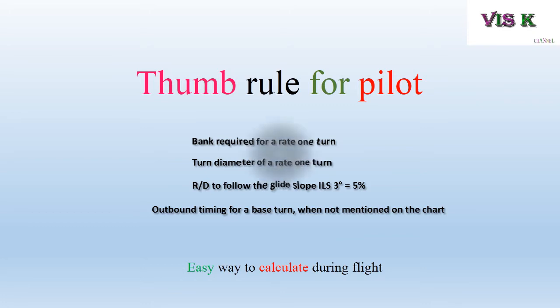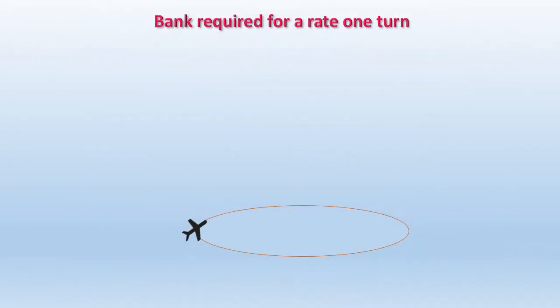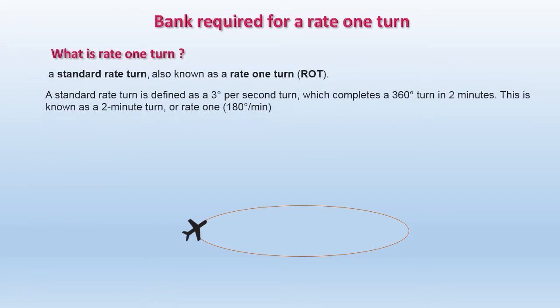So let's go for the first one: bank required for a rate 1 turn. The question is, what is a rate 1 turn? A rate 1 turn is a standard rate turn, also known as rate 1 turn or ROT.